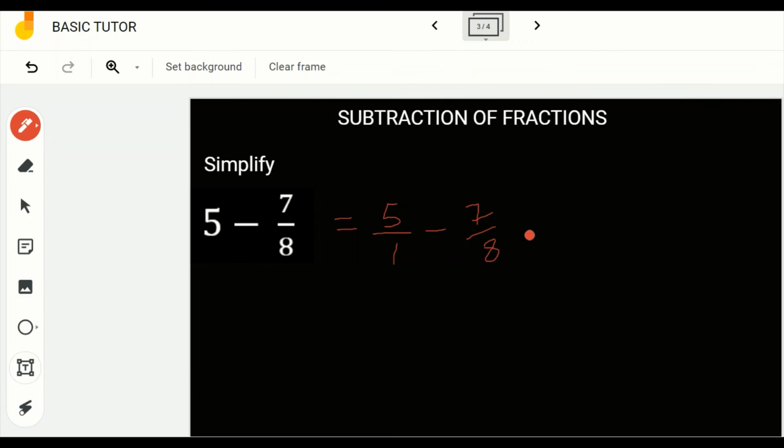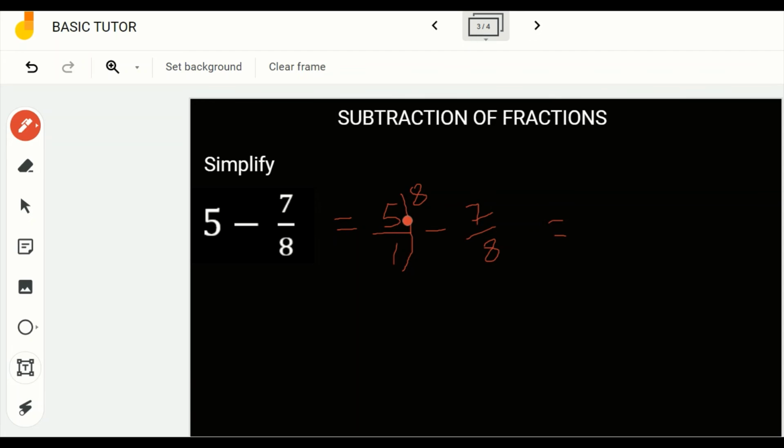Alright. Now, the first step is this. I will ensure that I have the same denominator on both fractions. If I have 8 here, I can also make this 8. So what I do is that I will multiply this fraction by 8. Alright, so let's go.